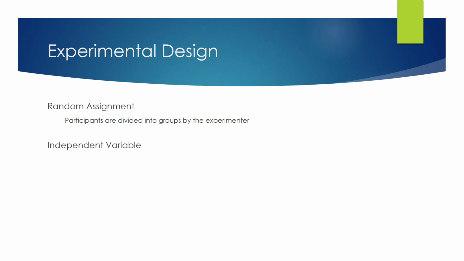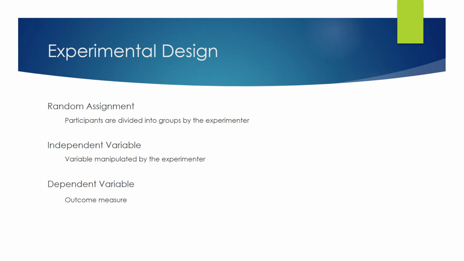We also have independent variables and dependent variables in an experimental design. The independent variable is the variable manipulated by the experimenter. So in this case, it's the training. And the manipulation is, do they receive the training or do they not receive the training?